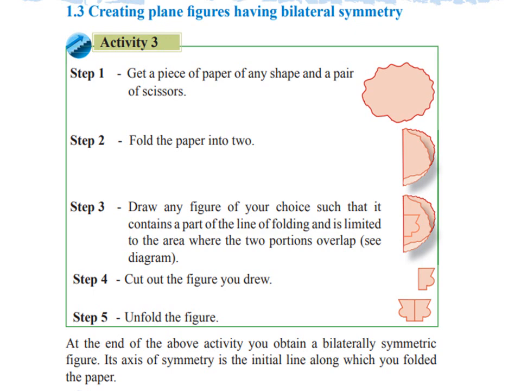So step 4, cut out the figure you drew. I told you to draw just half of a circle, so you can get a full circle, and then unfold the figure.